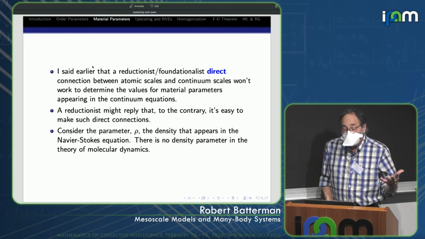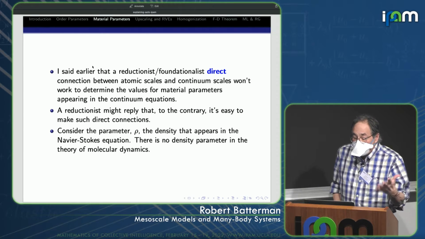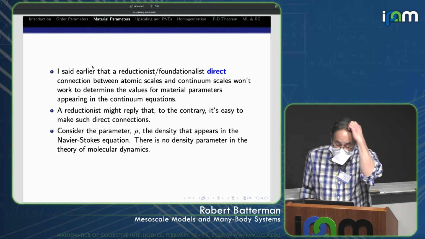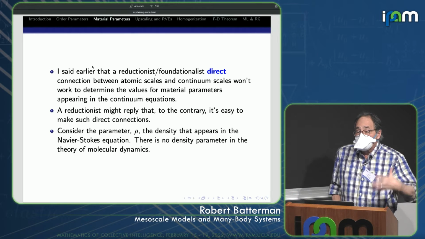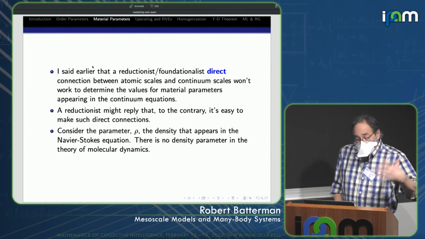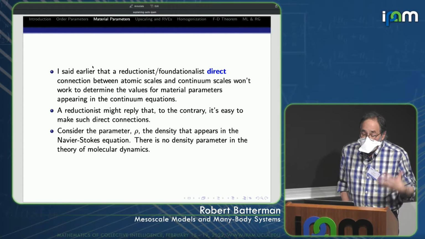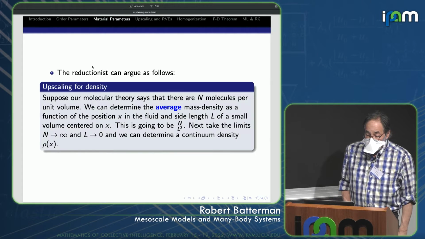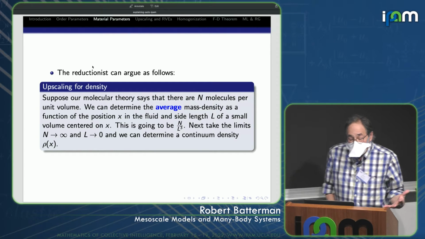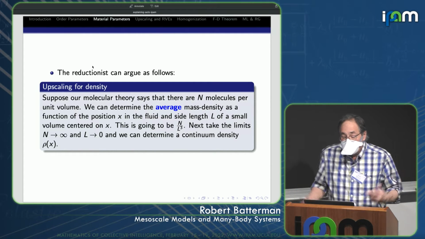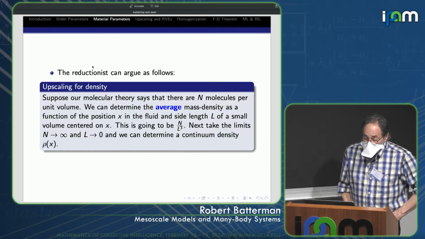So consider the density. There's no density parameter in the theory of molecular dynamics, but we can nevertheless connect the molecular dynamics to the continuum theory and determine a value for the density. We can reason as follows. Suppose our molecular theory says there are n molecules per unit volume.